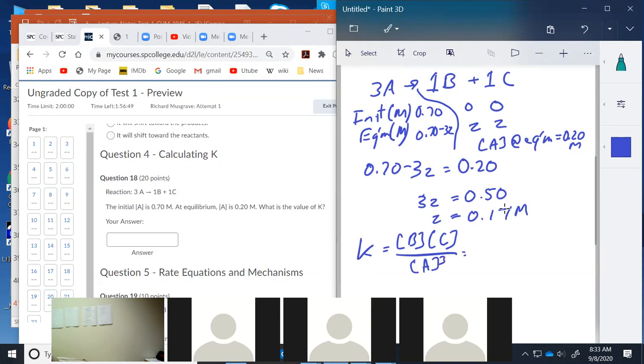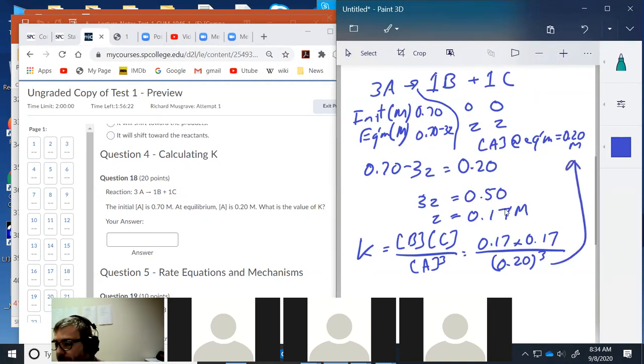Now B is going to be Z, which is 0.17 times 0.17 over the 0.20 cubed. That was given to us. And that should give us our answer.